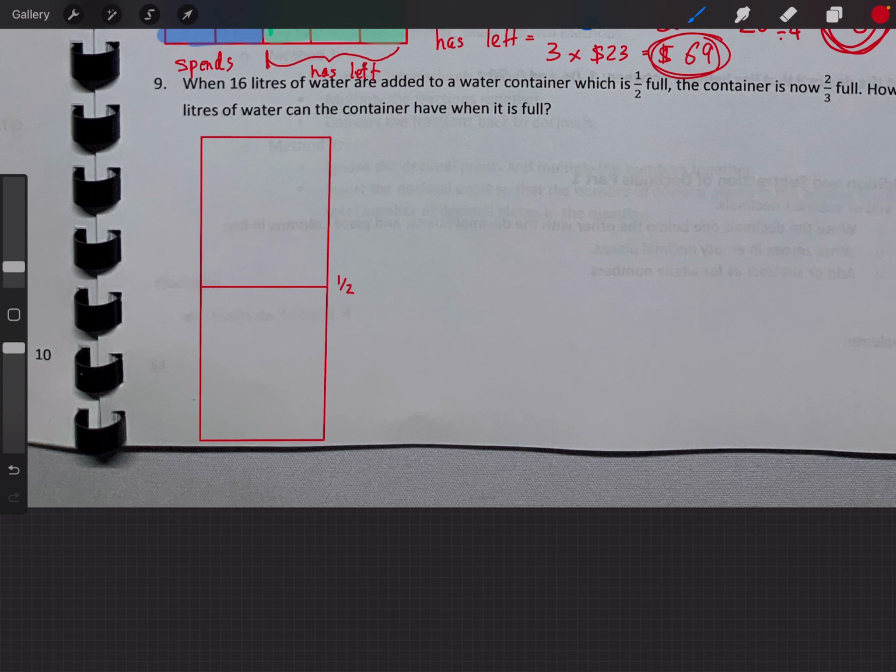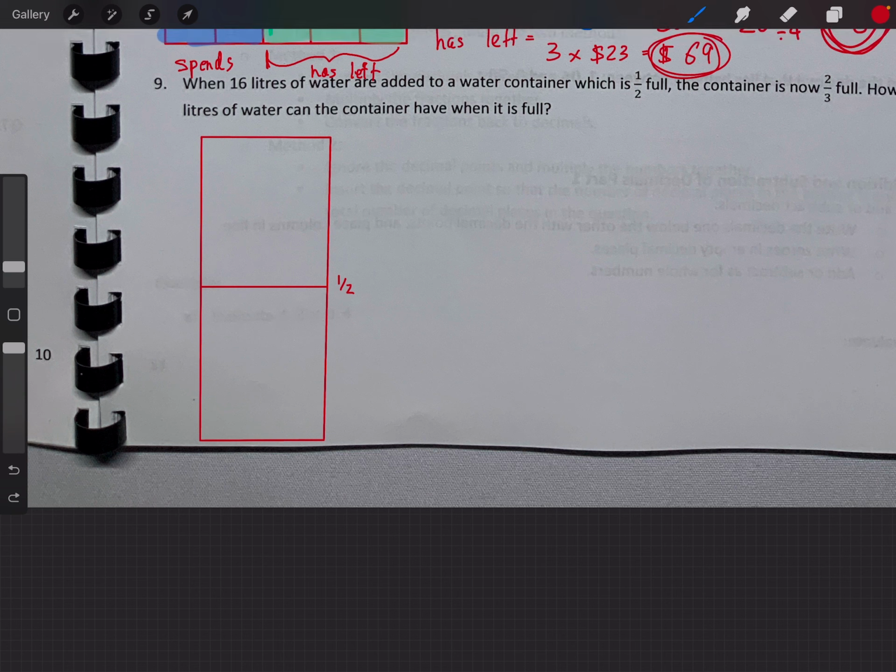What does 2/3 look like? Let me see. Divide this into 3 pieces. So here's about 1, and here's about 2, something like that. So that's 1/3, 2/3. Actually, I'm not going to bother drawing that.